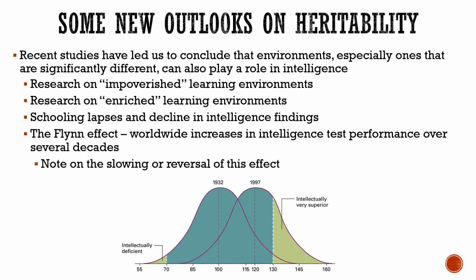But the small downtick and the long uptick has led to lots of debates and questions about how the environment and other factors can explain some of these needs to shift the difficulty of these tests. And all of it again highlights the fact that even if intelligence levels are somewhat heritable, there are a lot of factors at play that do impact a person's performance.